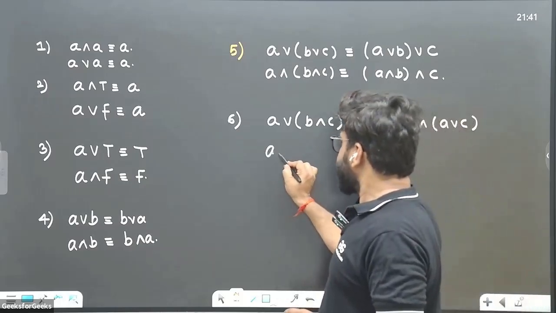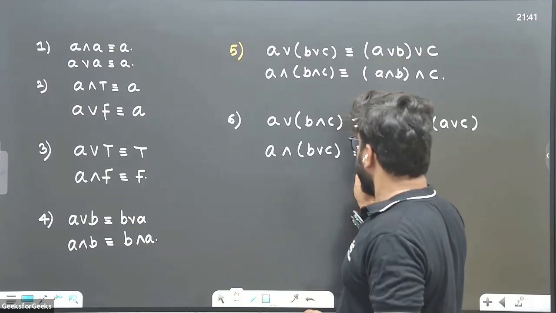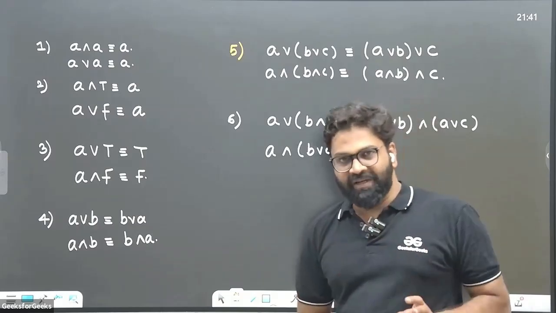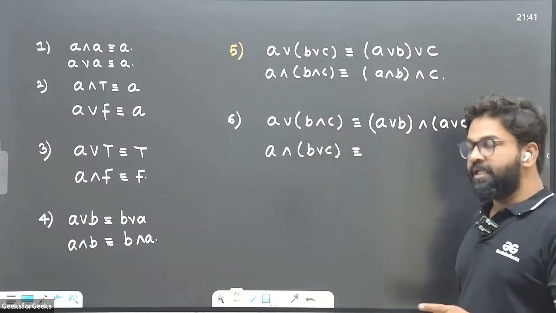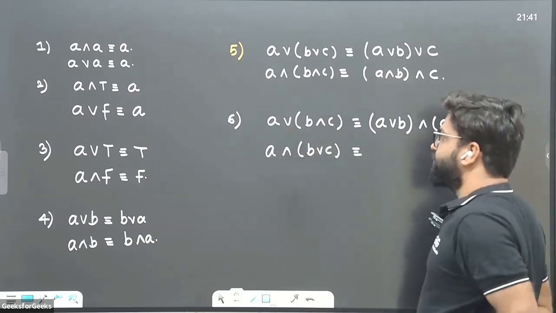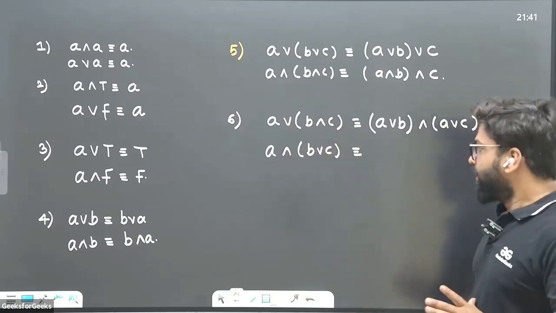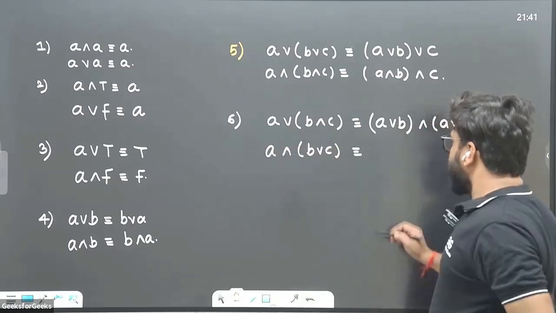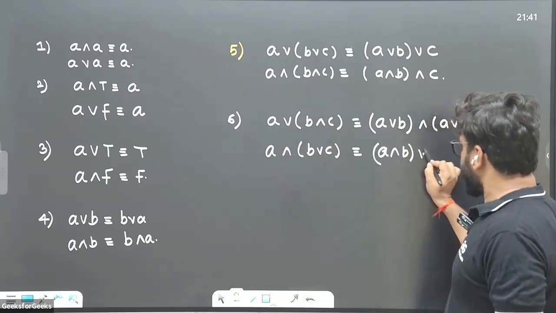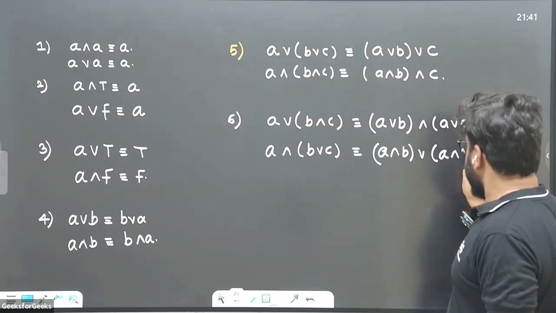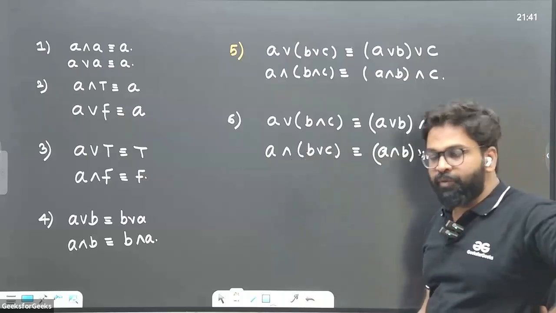Now here I can write this as A and then B or C, and again your operators are different. A and B or C, again your operators are different here. So this takes an entry, and it becomes A and B, then OR, and then A and C. So this is the most important one, distributive.